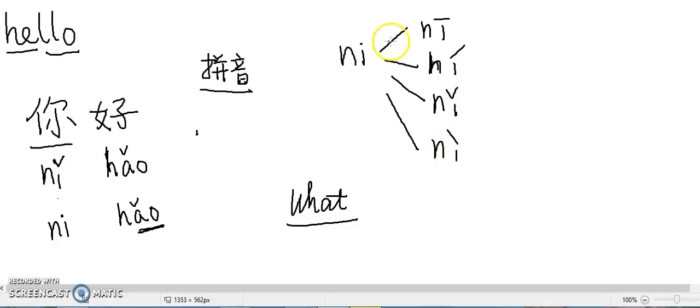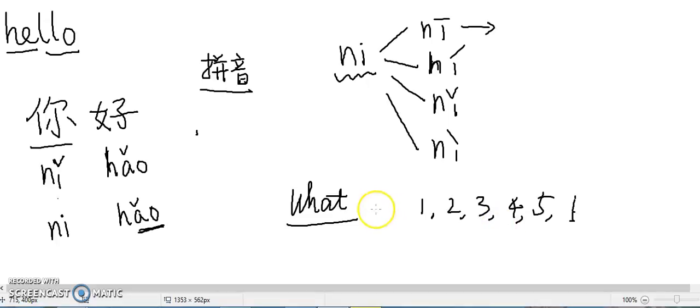So with this ni, you cannot just pick one of them to use. In Chinese, the tone never changes. For example, I often notice that when we read 1, 2, 3, 4, 5, 6, 7, if you learn them individually, this is 1, this is 2, this is 3, this is 4, this is 5, and so on up to 9.